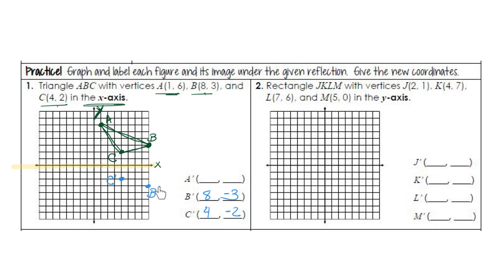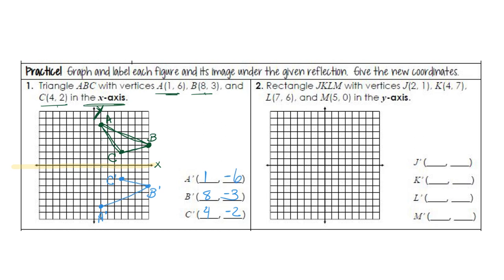That's how you're going to know that one's the copy. A is over here at (1, 6). The new A is still going to be at 1, but it's now going to be down here at negative 6. A prime, or first copy.